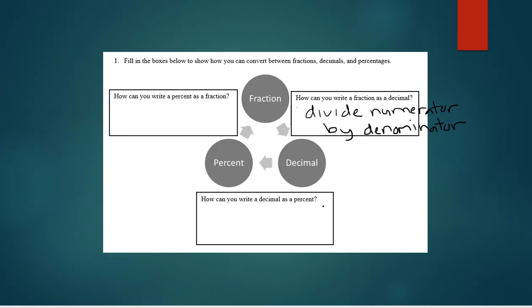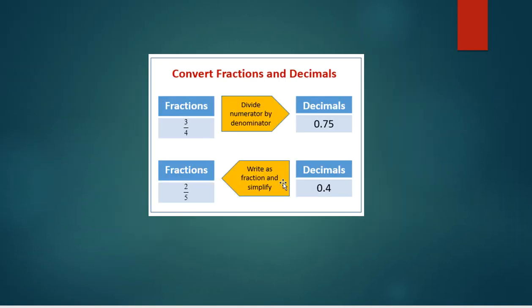To write a decimal as a percent, you're going to multiply by 100. And to write a percent as a fraction, a percent is always out of 100.